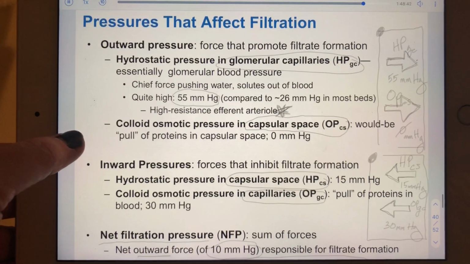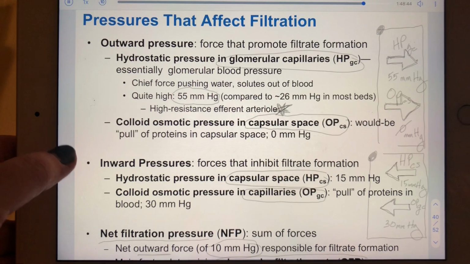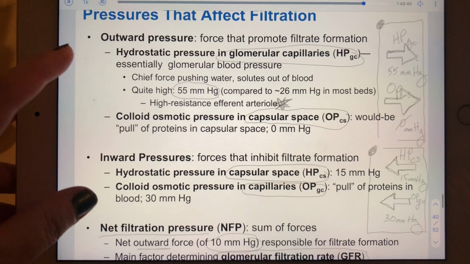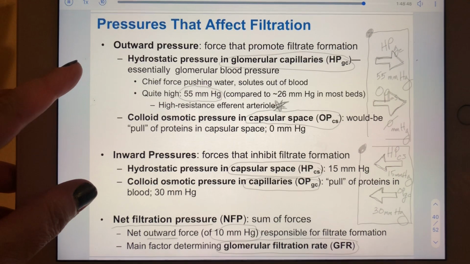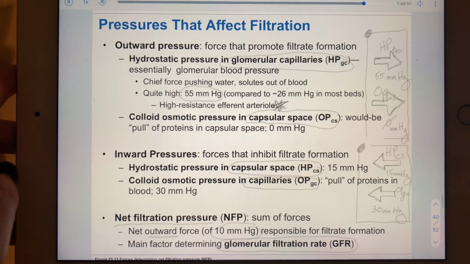So when we were studying respiratory system, and gosh, I don't remember what chapter this was. I think it was the vessels chapter. We were studying also the forces that pull and push fluid in and out of capillaries.